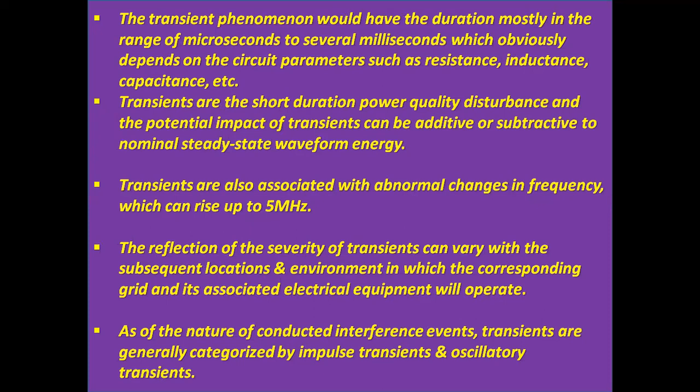The transient phenomenon would have the duration mostly in the range of microseconds to several milliseconds, which obviously depends on the circuit parameters such as resistance, inductance, capacitance, etc. Transients are short duration power quality disturbances, and the potential impact of transients can be additive or subtractive to nominal steady state waveform energy.